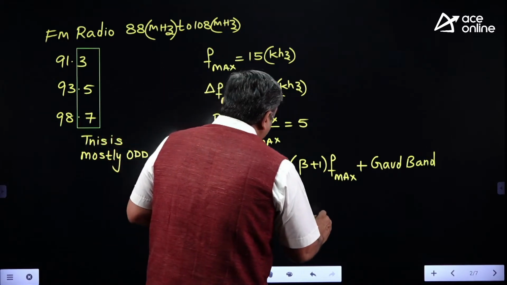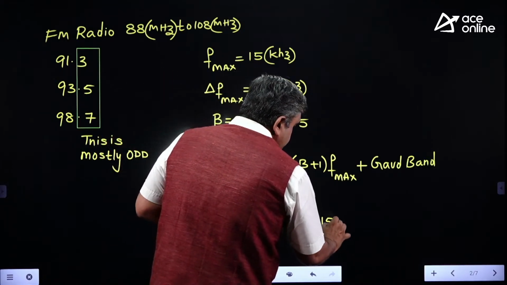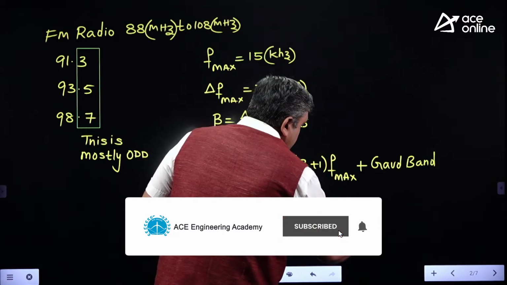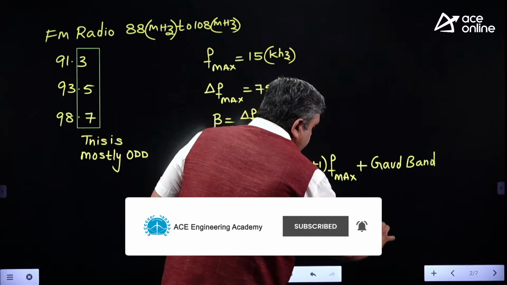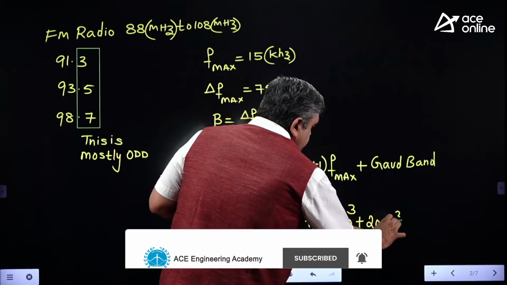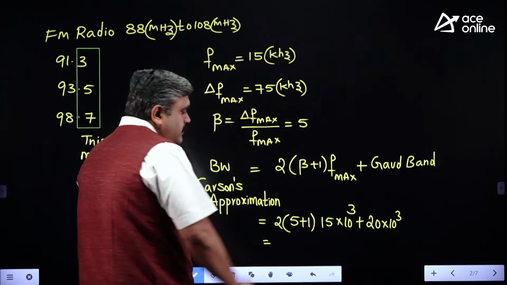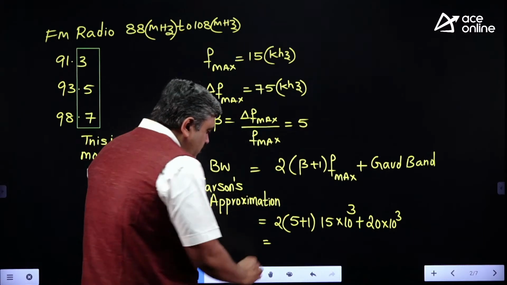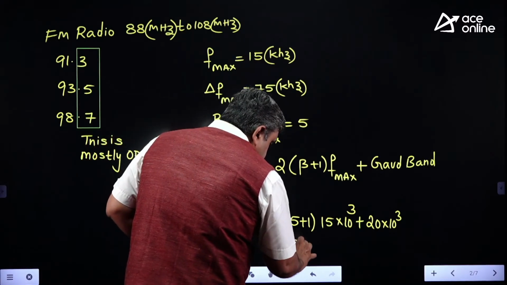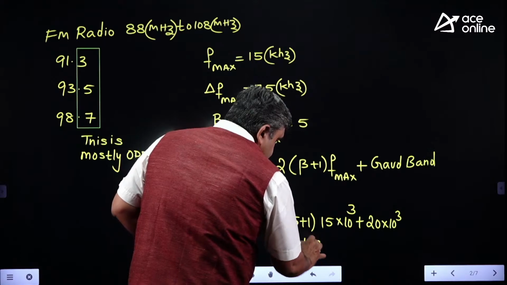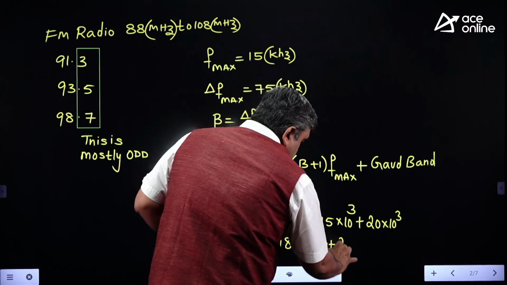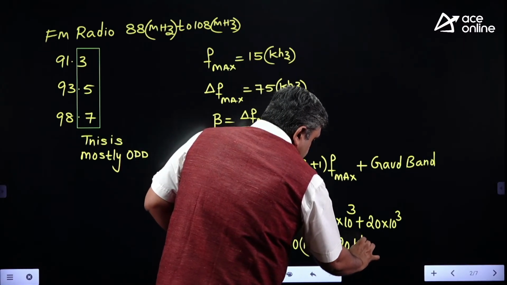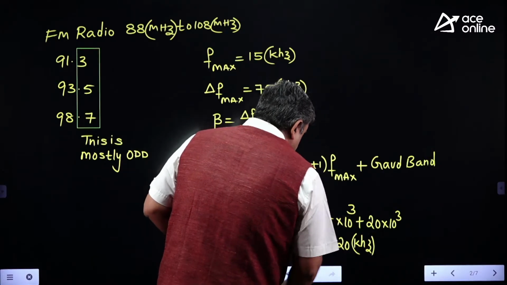The value of f max is 15 kilohertz, added with a guard band generally taken as 20 kilohertz. So, 12 into 15 gives 180 kilohertz, added with 20 kilohertz. So, what is the bandwidth per channel you are getting?